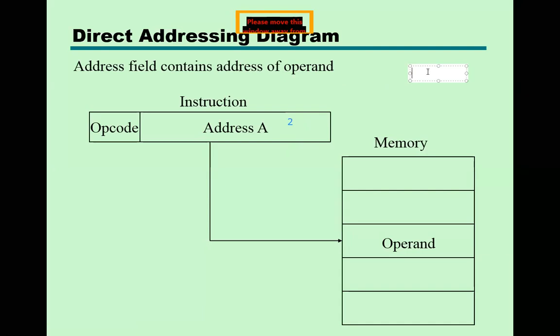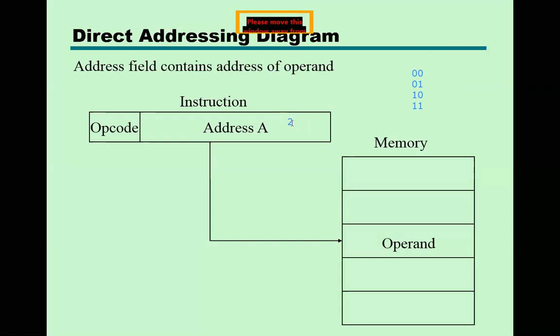So how many combinations? 2 raised to 2, that is 4. In general, 2 raised to n. So you get 4 combinations here. Whatever value you have to write here, if there are only 2 bits, only 4 combinations are available, so only these 4 values can be written.